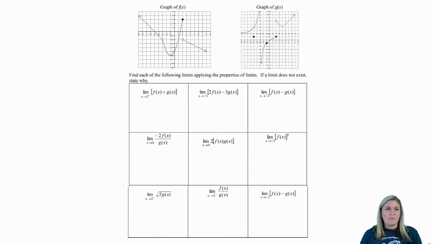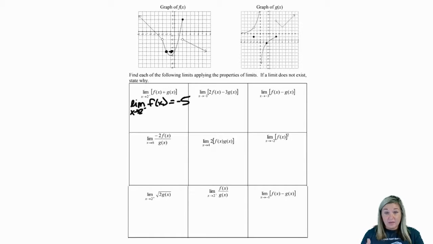So let's look at what this looks like as far as a graph goes. We have the limit as x approaches 2 from the left of f of x plus g of x. So I need to find the limit as x approaches 2 from the left of f of x. f of x is that first graph, and as x approaches 2 from the left, we are approaching -5.